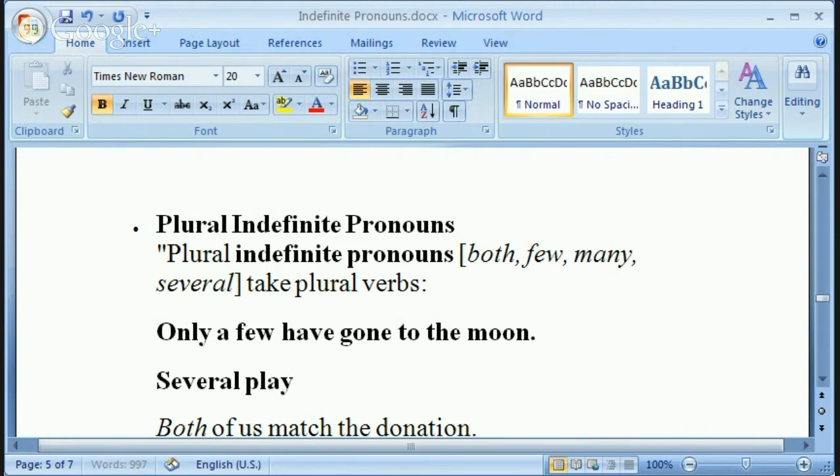Clerks means like a shop assistant. Okay. Several clerks were busy working at their desk.